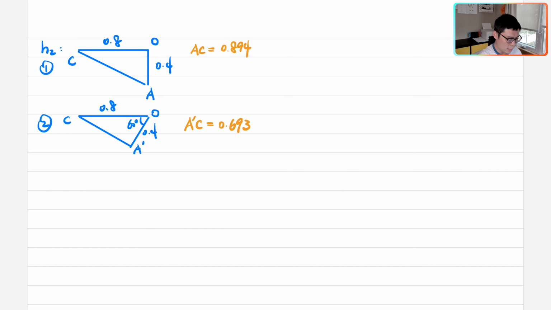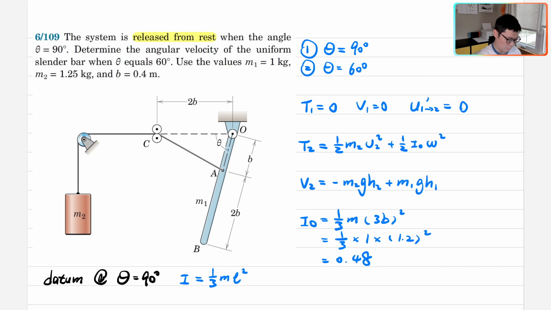Why do I need these two lengths? Now look at the diagram here. It was here, AC is this much. Now it comes to here, A prime C is this much. The difference in this little piece here is actually how far M2 moves. M2 dropped that much, right? The rope length is the same.